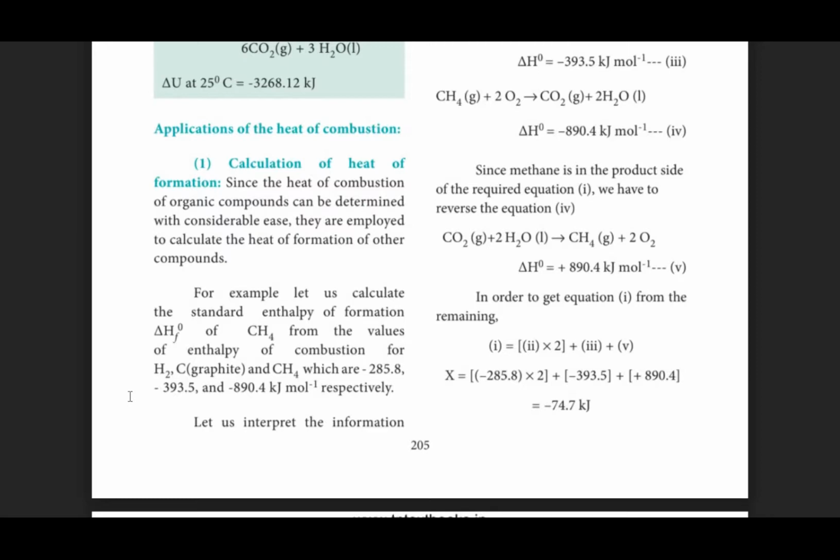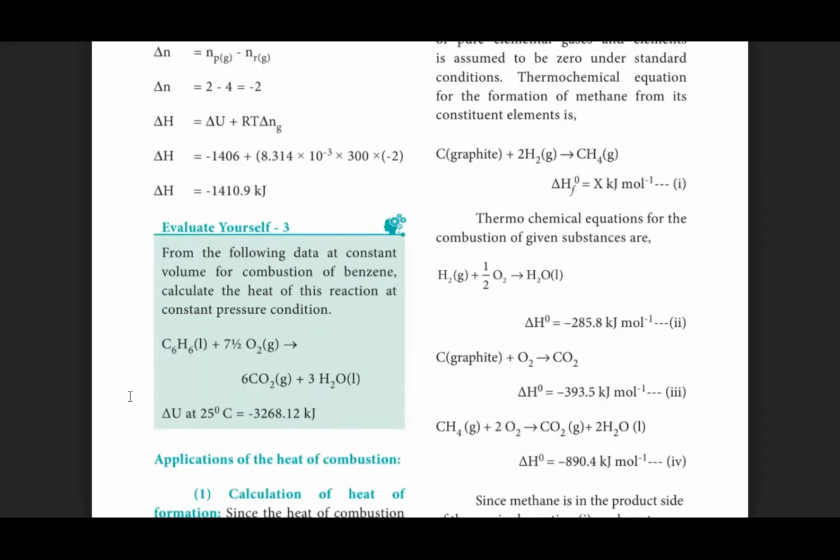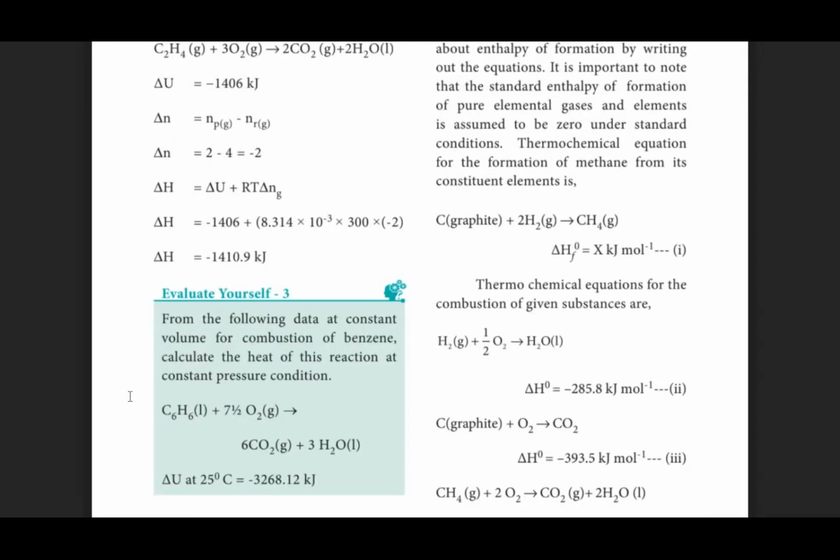Now let us interpret the formation of methane by writing out the equations. It is important to note that the standard enthalpy of formation of pure elemental gases and elements is assumed to be 0.